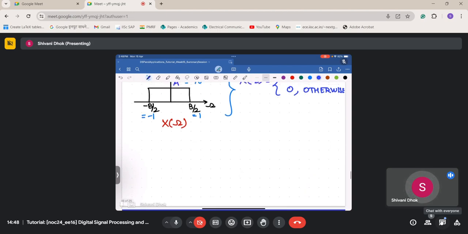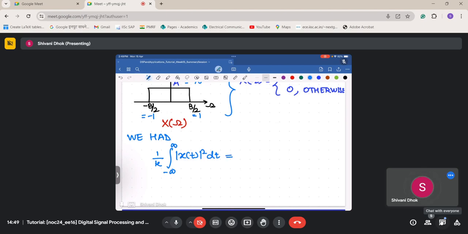Okay, so now we had 1 by k integral from minus infinity to infinity of magnitude of x of t square dt.